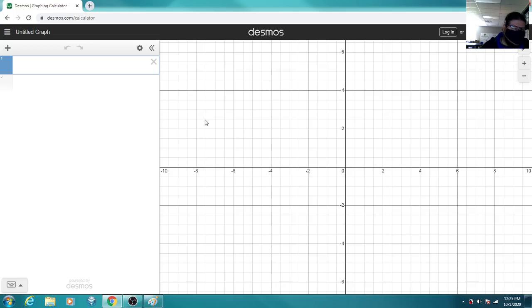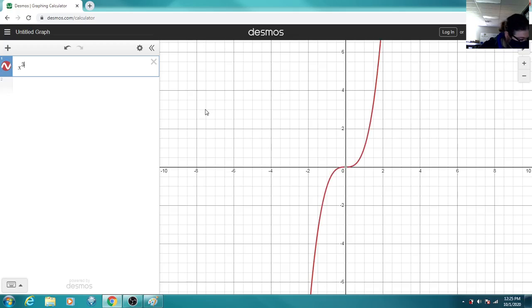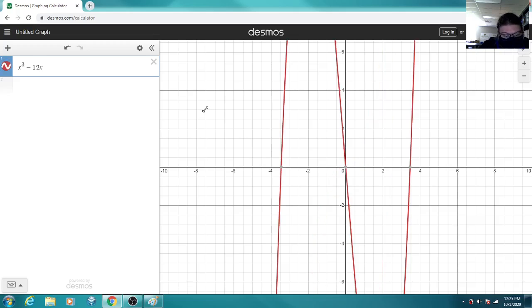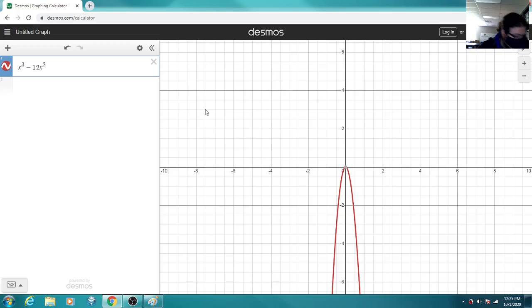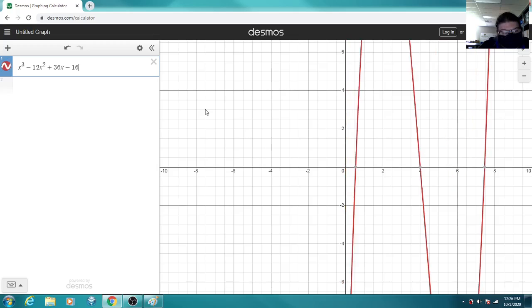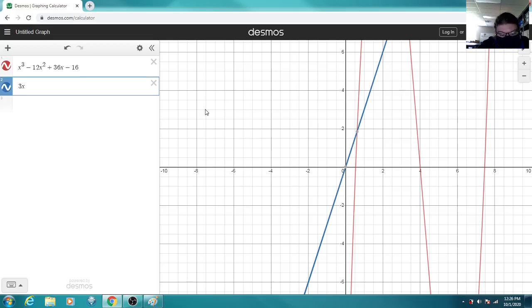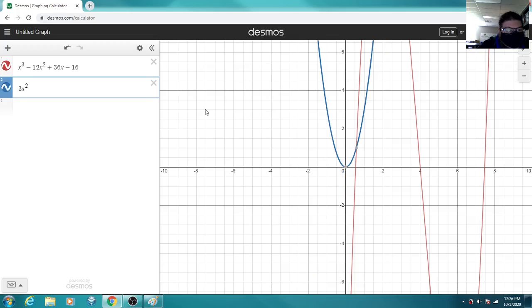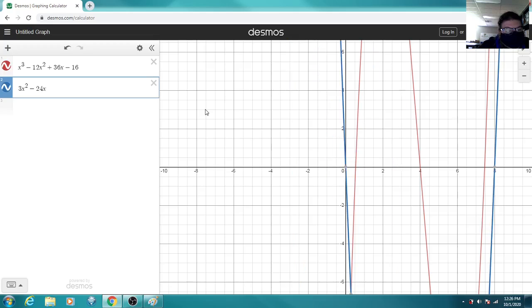We want to graph x to the third minus 12x squared plus 36x minus 16. The second thing we want to graph is 3x squared minus 24x plus 36.